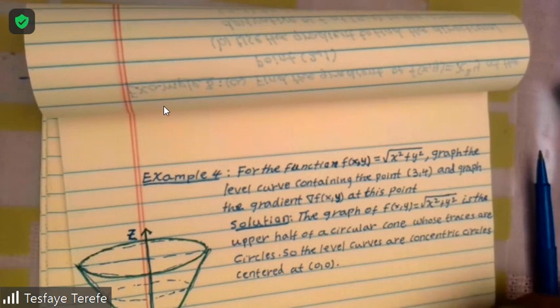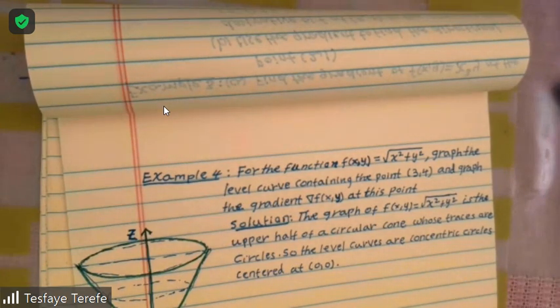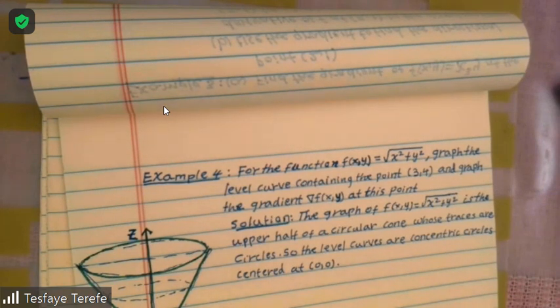And now what we are going to do is, well, what will be the trace that contains x=3, y=4?